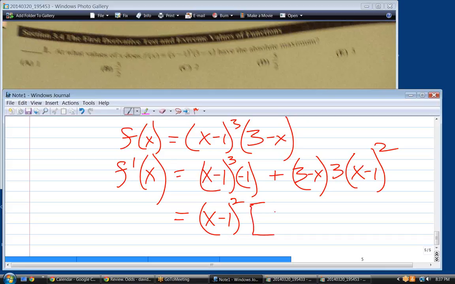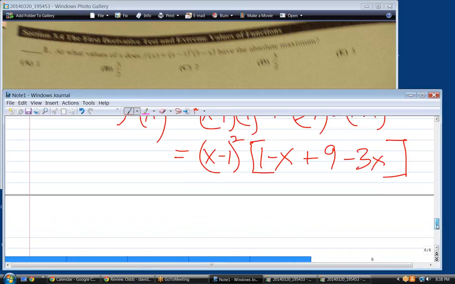And it leaves behind a negative (x minus 1) plus (9 minus 3x). So now we have (x minus 1) squared times, what do we have, 10 minus 4x?